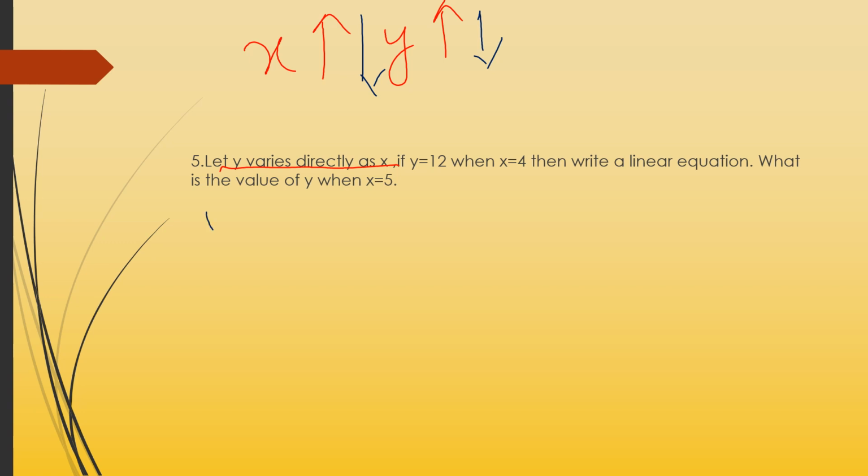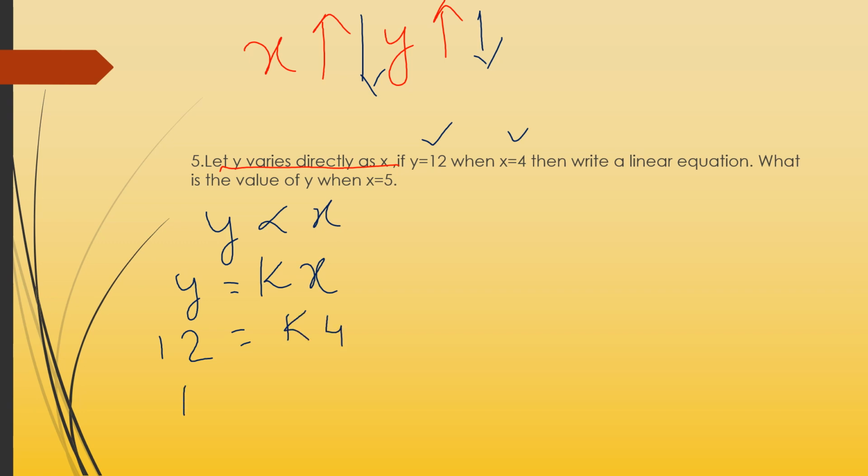Now come to the question. Here it is given that y directly varies as x. It can be 2 times, 3 times, 4 times, or a fraction also, like 1/3, 1/5 or half, any value. It can vary in any form. So let us equate it with a constant term, y equals kx. Here the second part is given: y equals 12 when x equals 4.